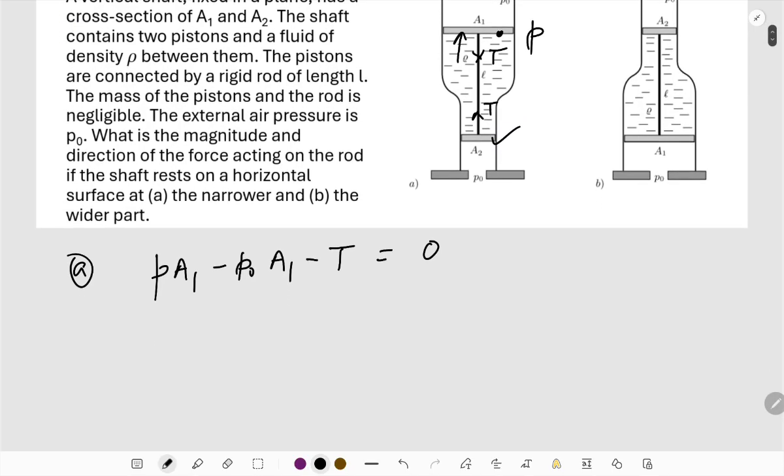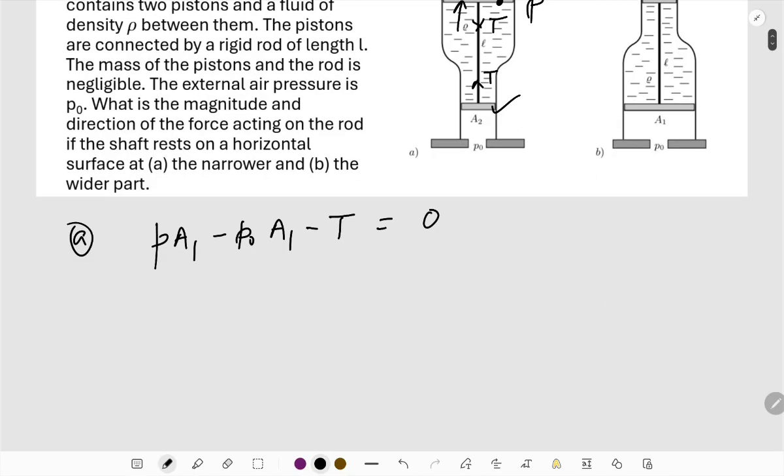Here the pressure is definitely P naught plus rho GL, where rho is the density of the liquid and L is the length of the rod, multiplied by its area of cross section.